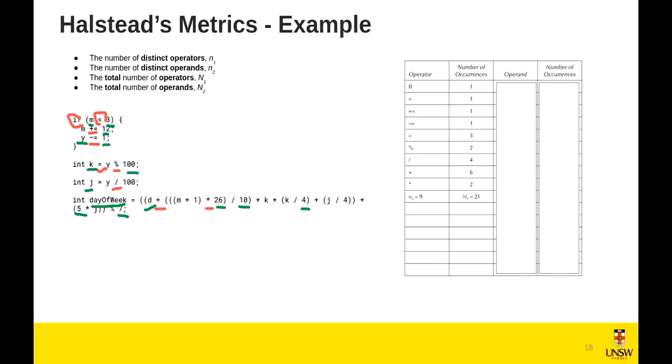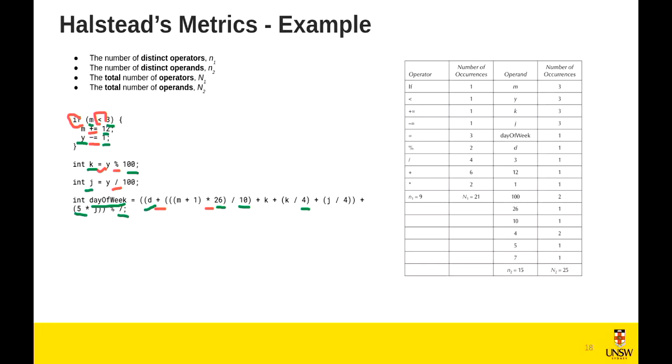So all of these are the unique operands here. And in total, we have 15 unique operands. And similarly, we need to count their occurrences in order to get the total number of operands. And this is what we have. We have 25 as the total number of operands.